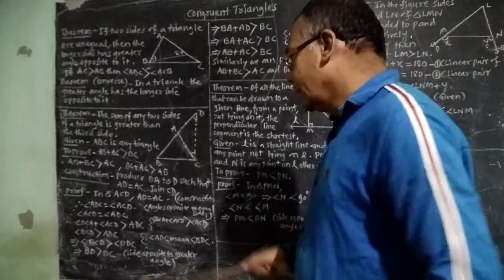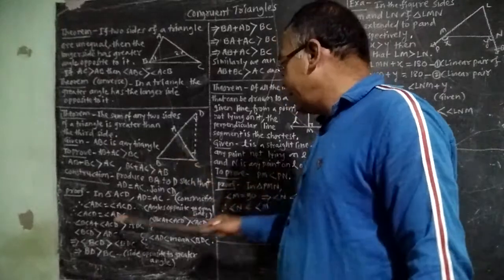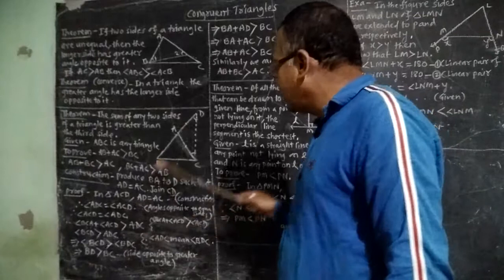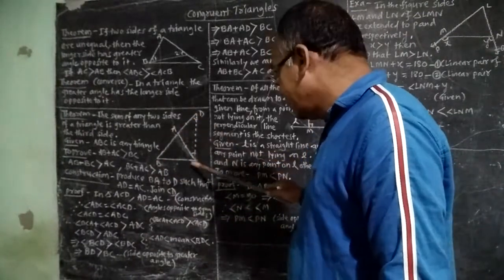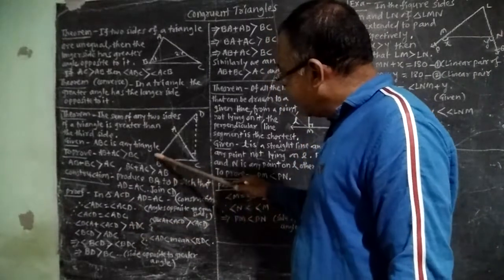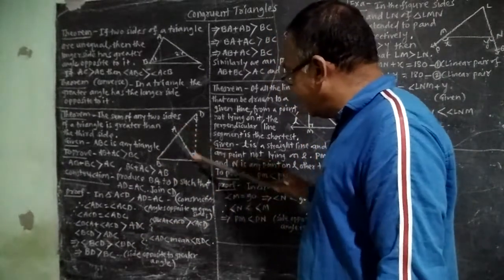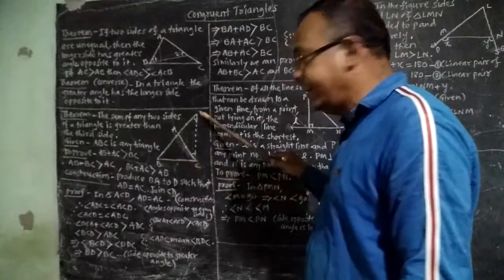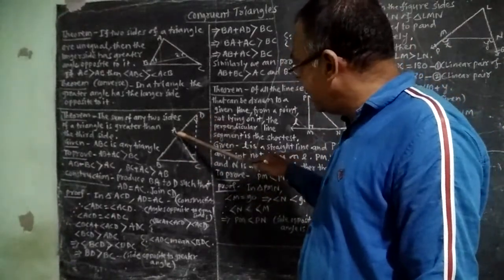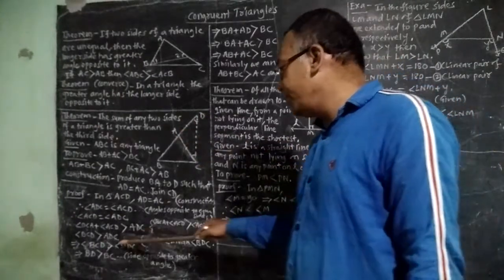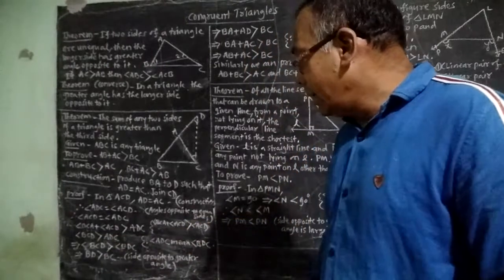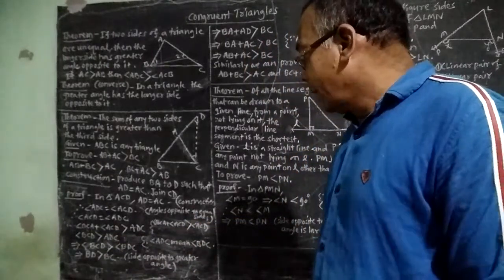So angle BCA plus angle ACD is greater than angle ADC. Angle BCA plus angle ACD means angle BCD, so angle BCD is greater than angle ADC.